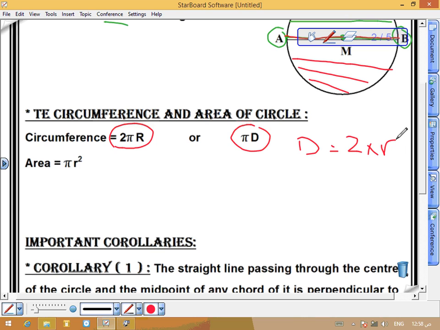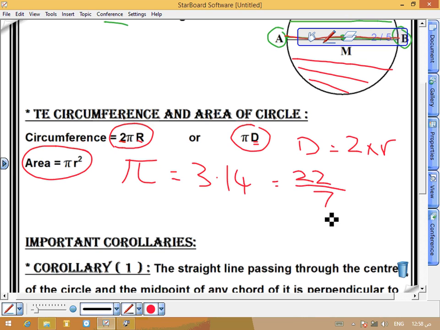So we can replace the diameter by 2r. The area of the circle equals pi r square. And we note that pi is a constant value equal to 3.14 or 22/7.